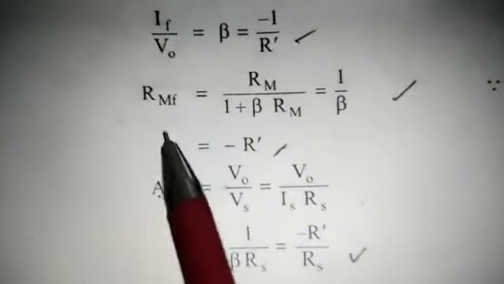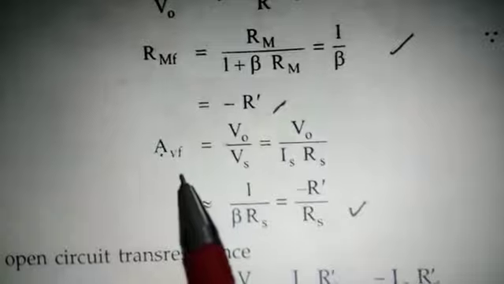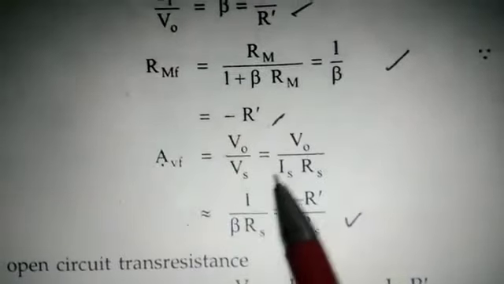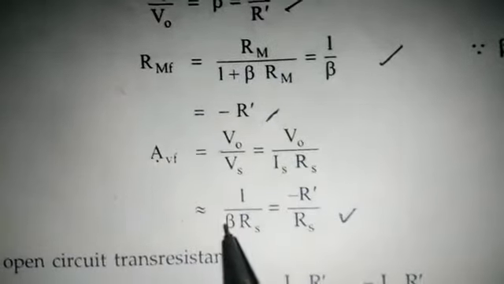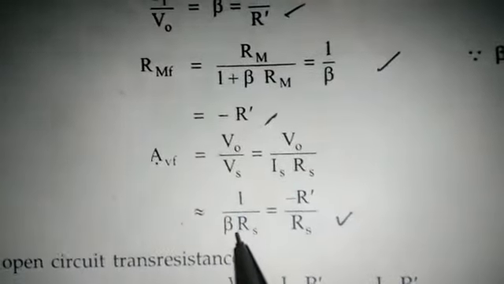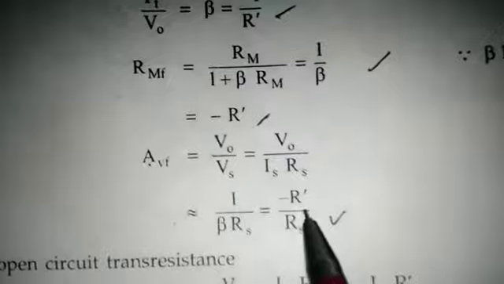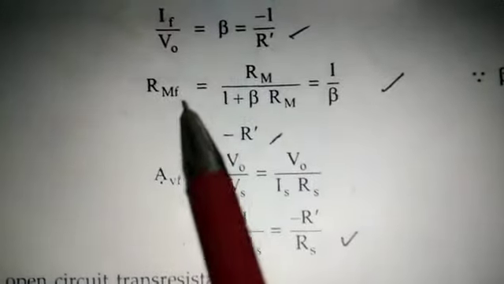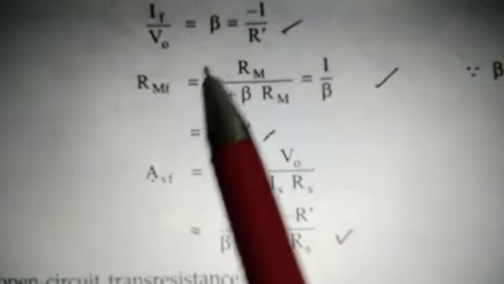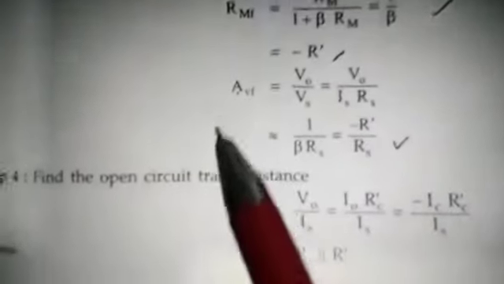RMF you got, this is transresistance with feedback, and AVF is the voltage gain with feedback, V naught by Vs. It is equal to V naught upon Is into Rs. In terms of this feedback factor, you can put here from above. So you will get minus R dash by Rs. So we have found three factors here: beta, RMF and AVF.